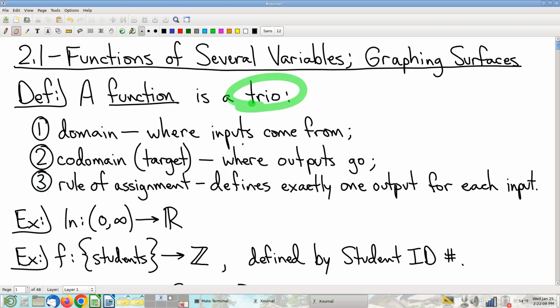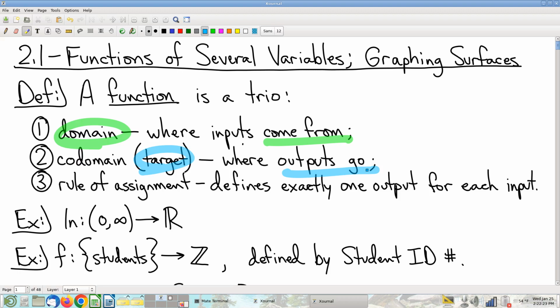Specifically, the trio is a domain, which is where the inputs to the function come from. A target, which is where the outputs go to. We know that a function takes inputs and gives outputs, right? So if you've got your function here, where the inputs come from, that's called the domain.